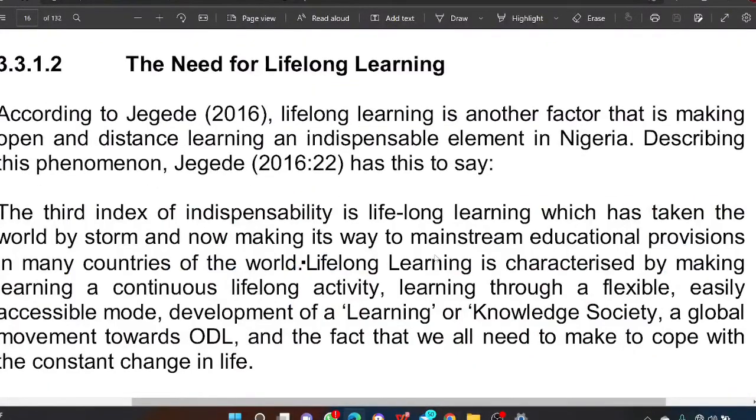The need for lifelong learning. According to Jegede 2016, lifelong learning is another factor that is making open and distance learning an indispensable element in Nigeria.